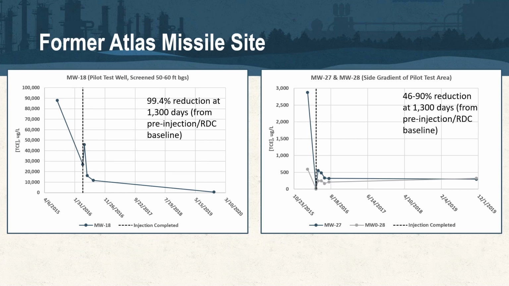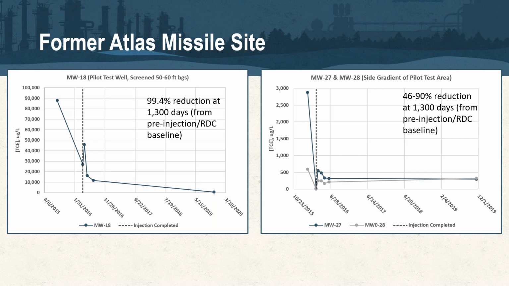MW18 was our target well within the pilot test area. You'll see there's a long gap between sampling there, and that was because the pilot test scope of work had run out back in 2016, and so it wasn't sampled until late 2019. But you can see our TCE concentration reduced 99+% at 1,300 days.